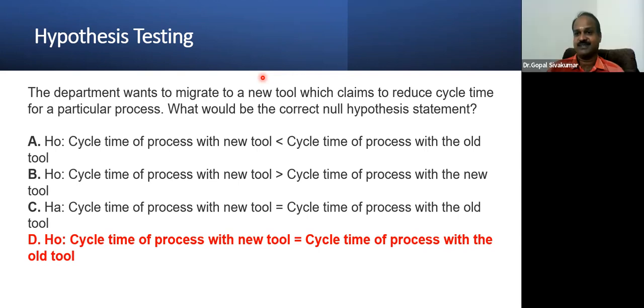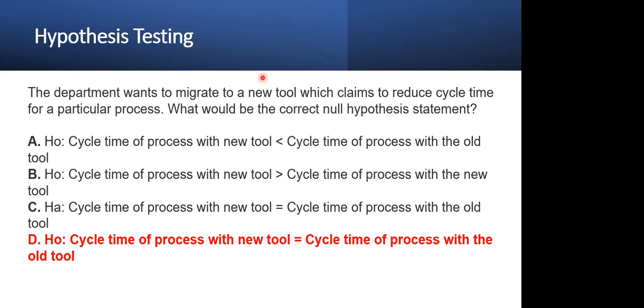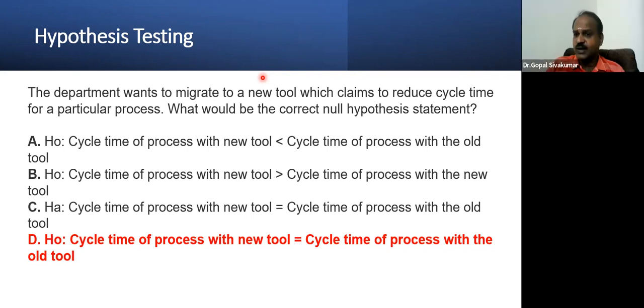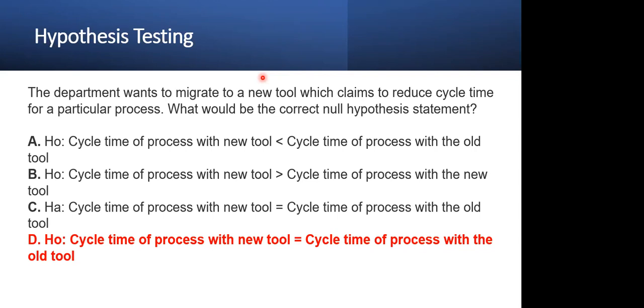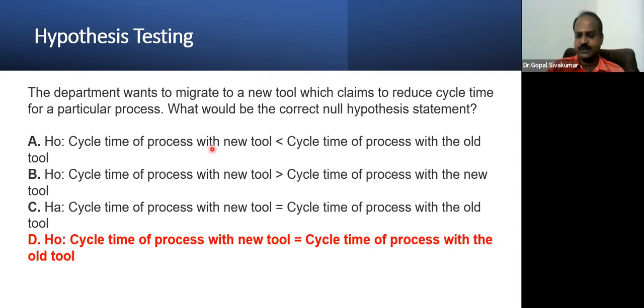So rejecting the null does not necessarily lead to accepting the alternate, isn't it? You wanted to prove the Indian team is better than Pakistan. Your initial study revealed that the performances are not the same, which means you are rejecting the null. But in order to accept that yes, the Indian team is really better, we actually conduct a match and the trophy is given. Clear to all of you? Yes, sir. So this is the basic concept, right?